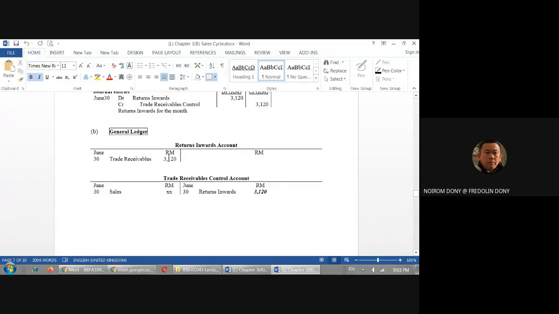So we debit the total amount and we date it on the last day of the month. Then if this is debit, the corresponding entry must be credit. So trade receivable control account 3120, the date 30th. And in the trade receivable control account, in the particular column you write down return inward.